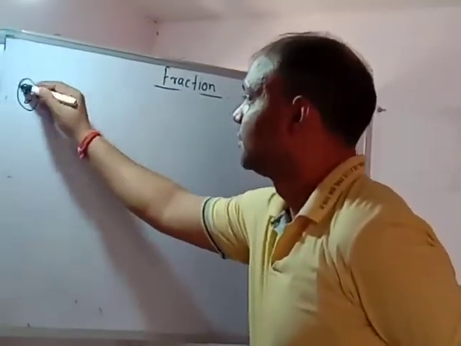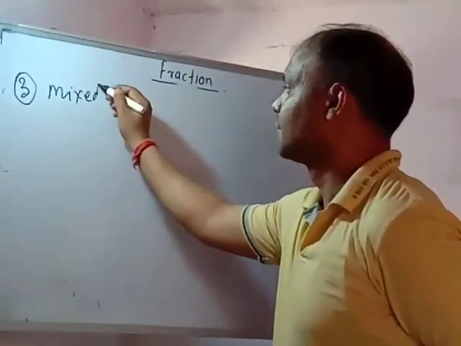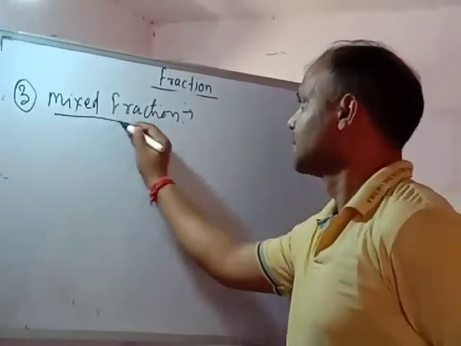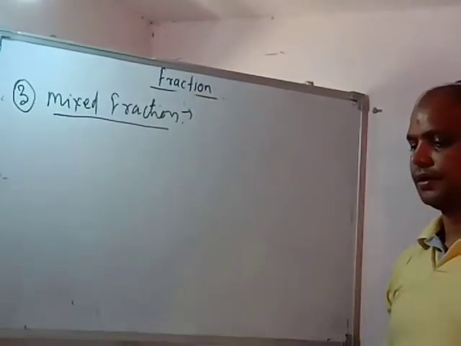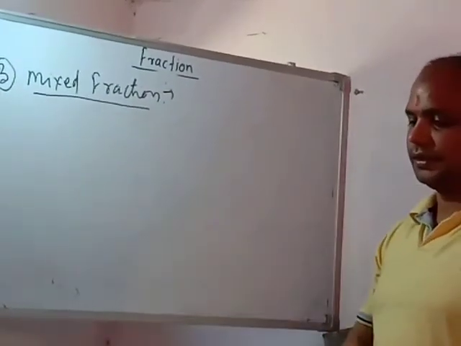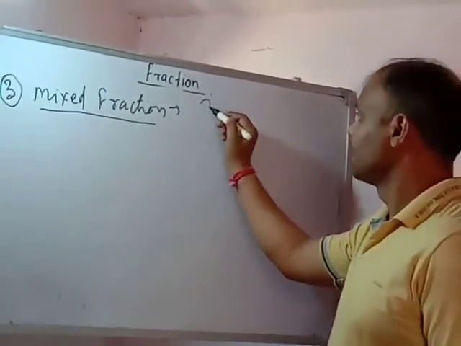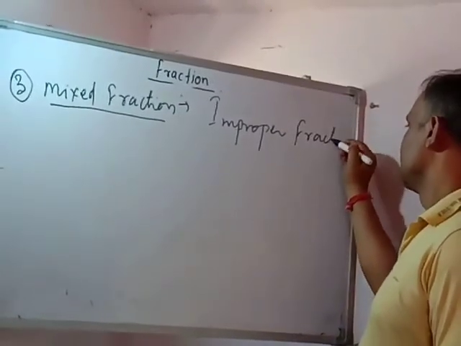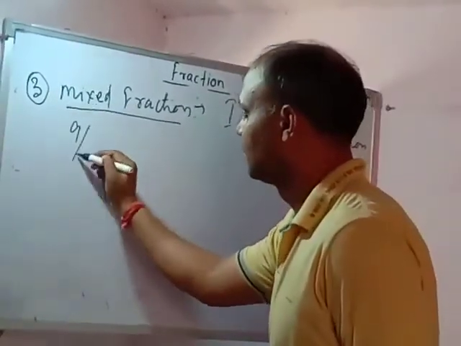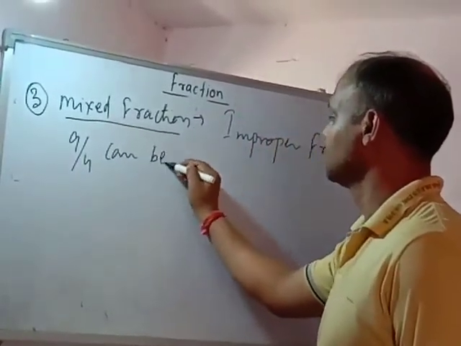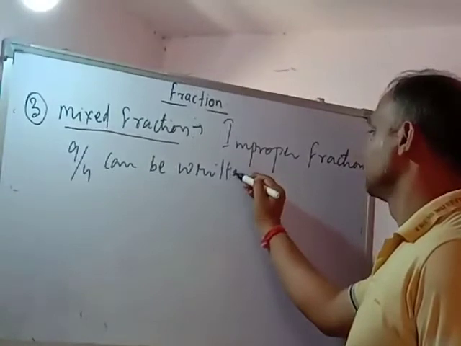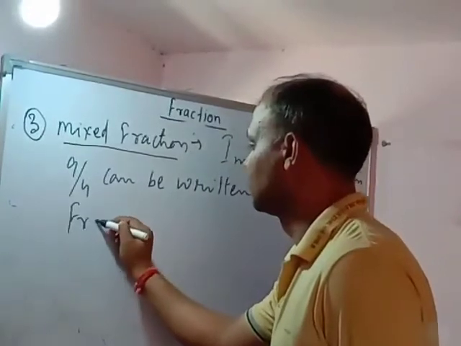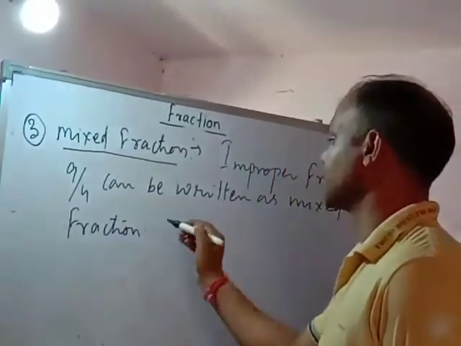Third one is mixed fraction. An improper fraction such as 9 by 4 can be written as a mixed fraction.